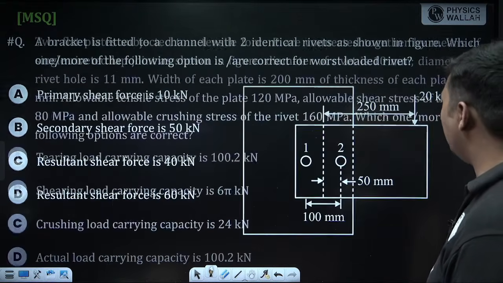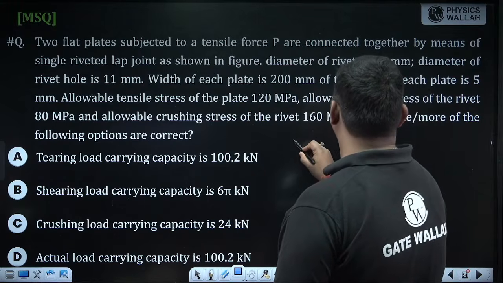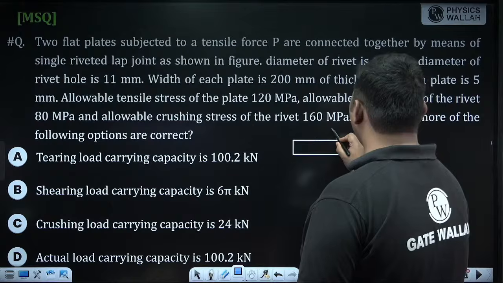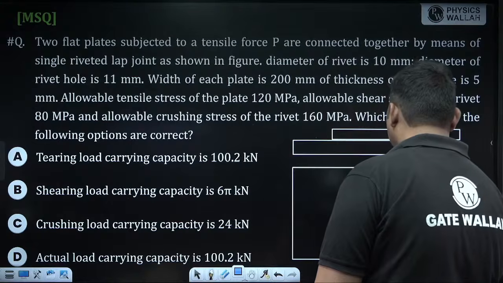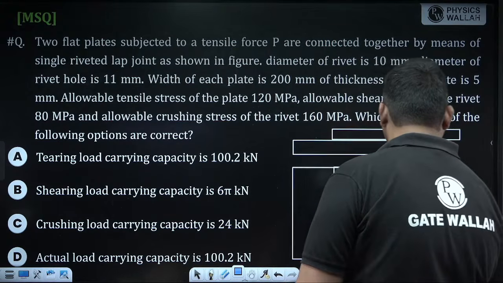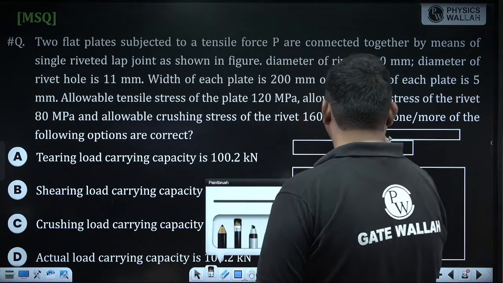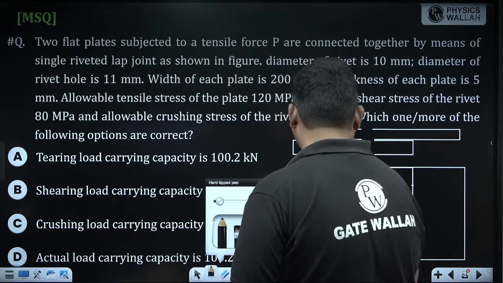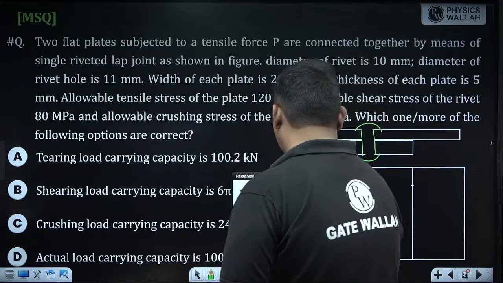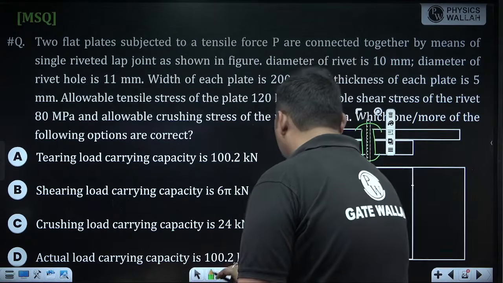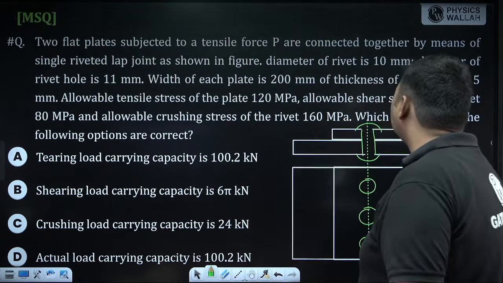Now this question also has a diagram. Draw this diagram also. Now solve.